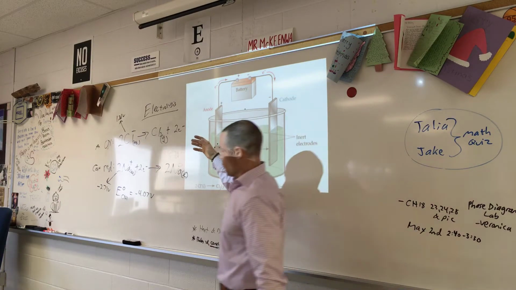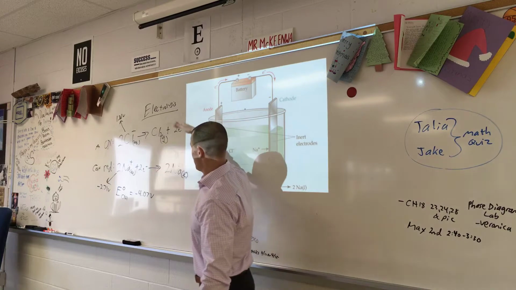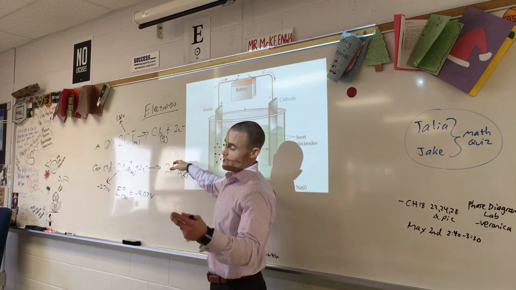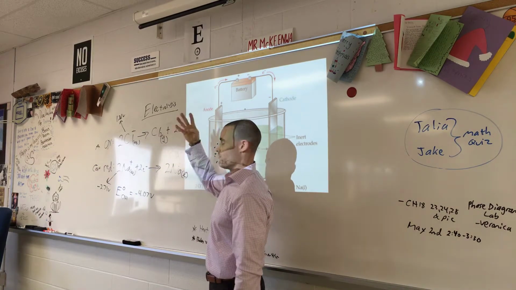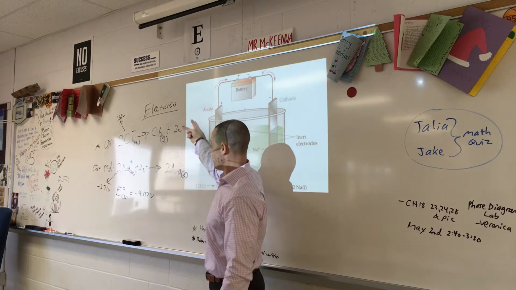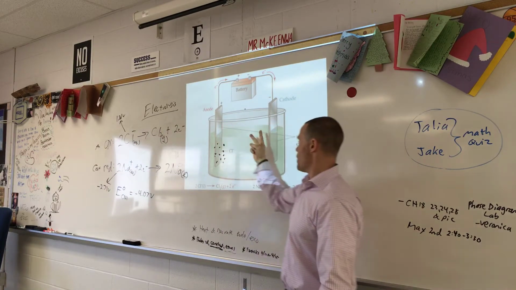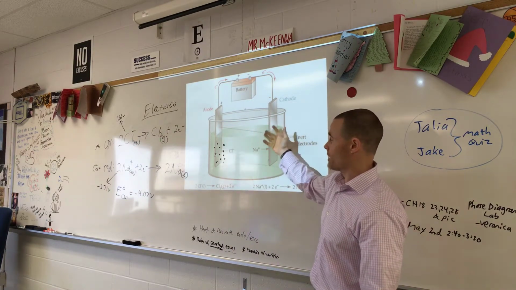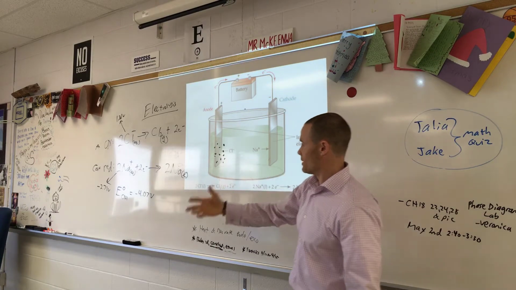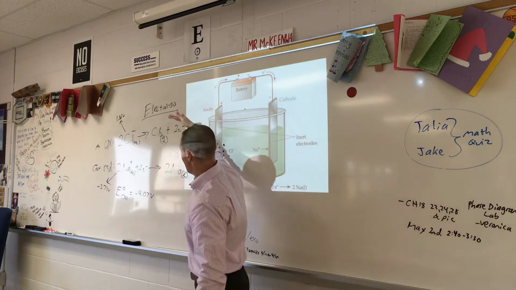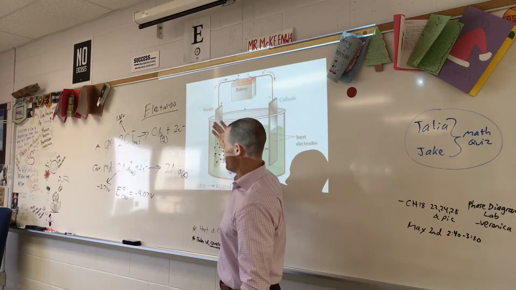So the way I teach this is if you're given two half reactions, and by the way, we're going to do one where you're going to have four. I'm going to give you two options for this side, two options for this side. You have to figure out which one actually works. That's the hard part. That's the last thing we're going to do. But when it's only two options, it's a lot easier.